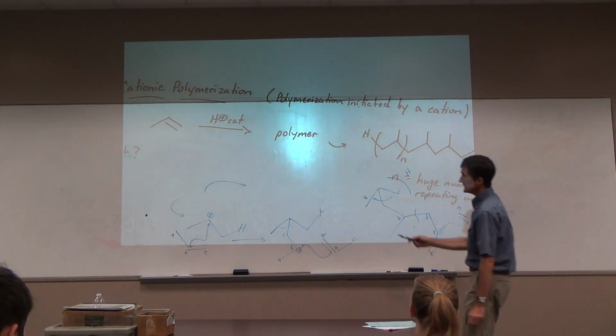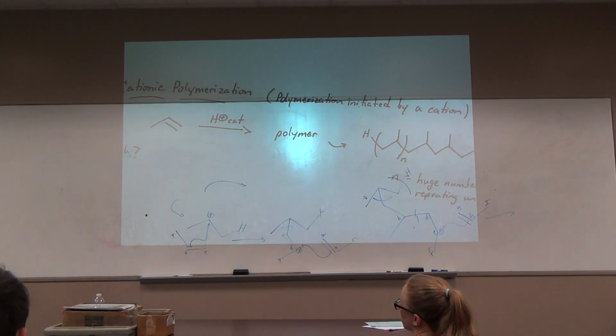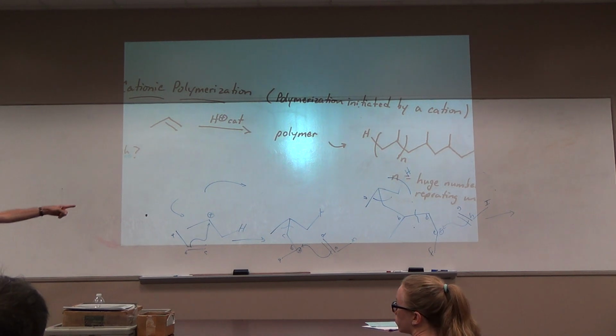By the way, what type of H+ would you use? If you go to the stock room and say, give me some H+, they're going to look at you like, well, what do you really want? Can't just give you H plus. What acid would you suggest using here? HF? Okay, why HF? Because F minus doesn't do anything in this class, and it wouldn't attack the cation.